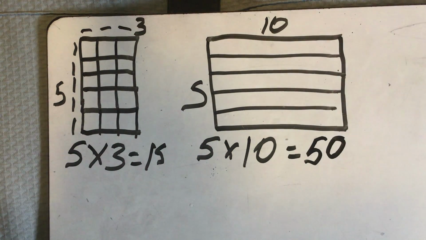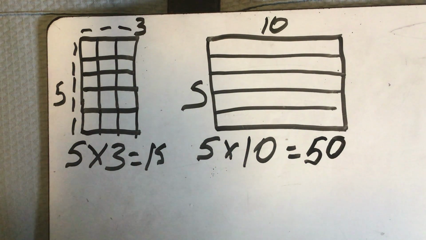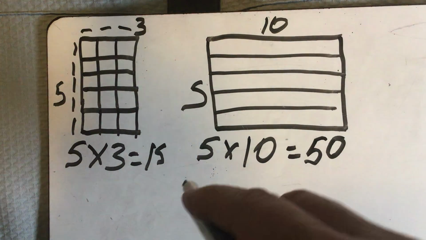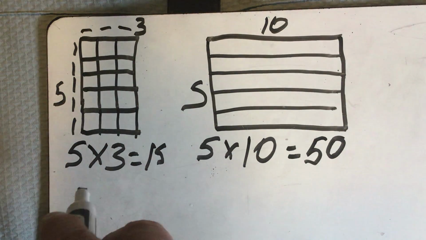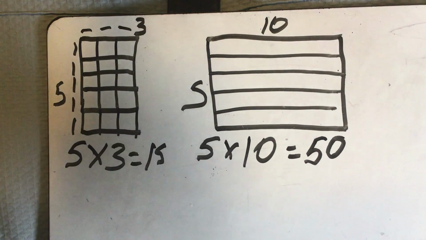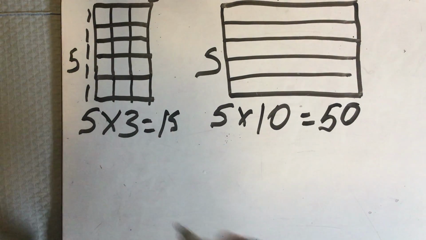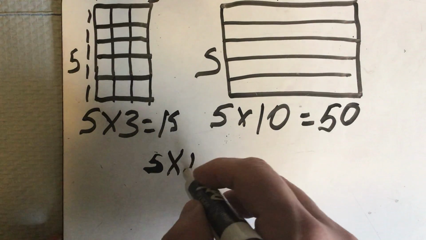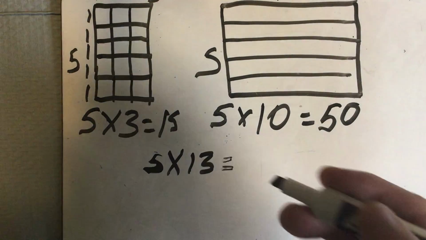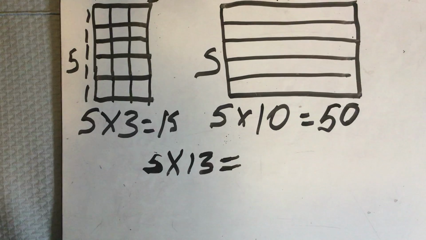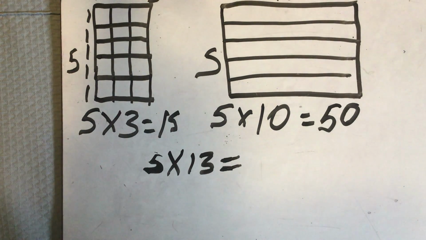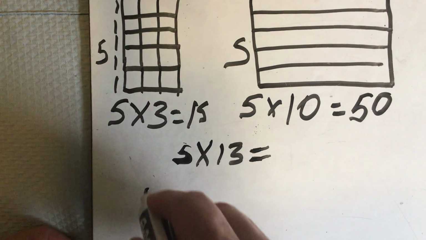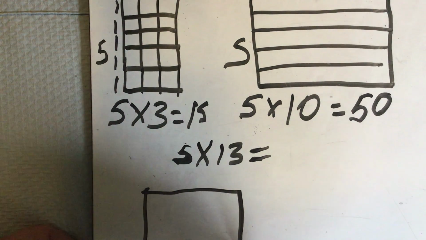So what could we do? How could we solve this if we were to combine these two? We have 5 times 3 equals 15, and then 5 times 10. So if our equation was 5 times 13, we already solved two pieces of this. We can make this an array very similar to what we did above.